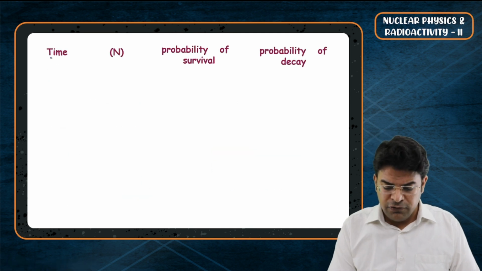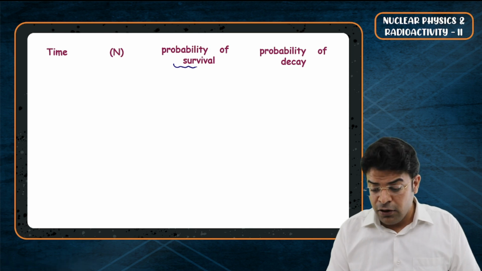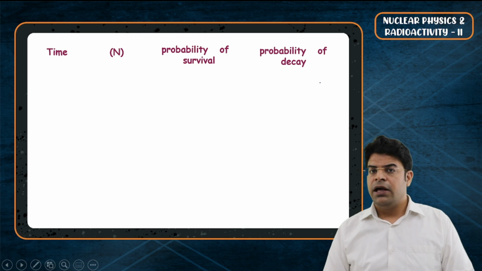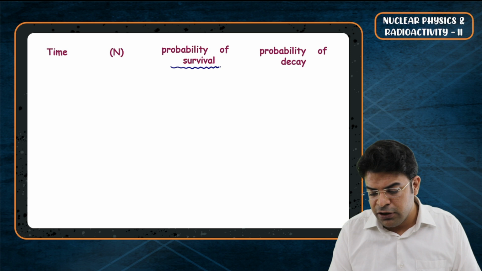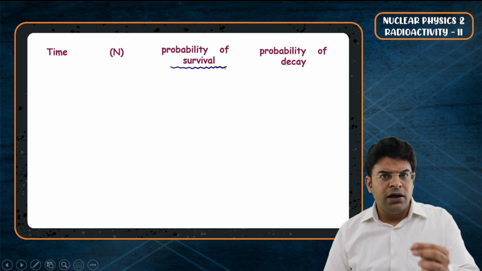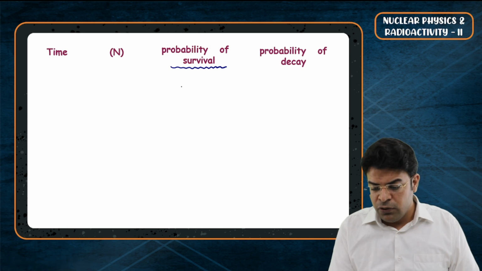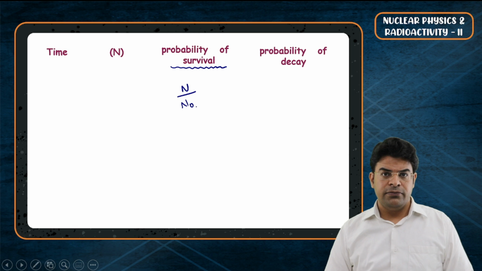So let's think of time, the number of active nuclei, the probability of survival, and the probability of decay. Here I would like to talk a little about the meaning of probability of survival. Probability of survival means the number of active nuclei you have right now upon the original number of active nuclei.